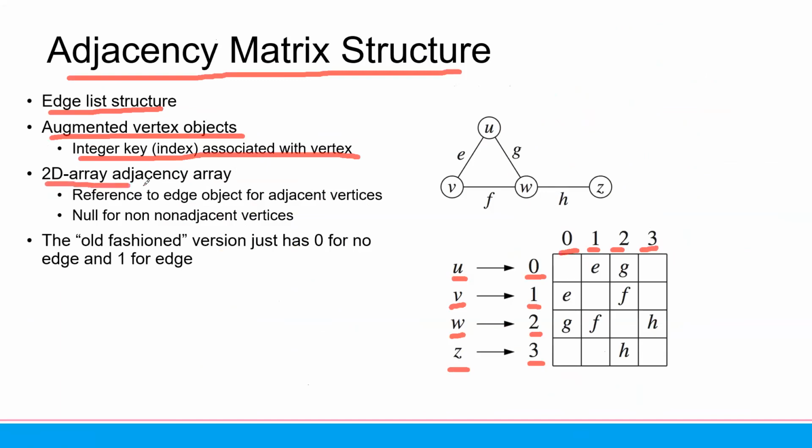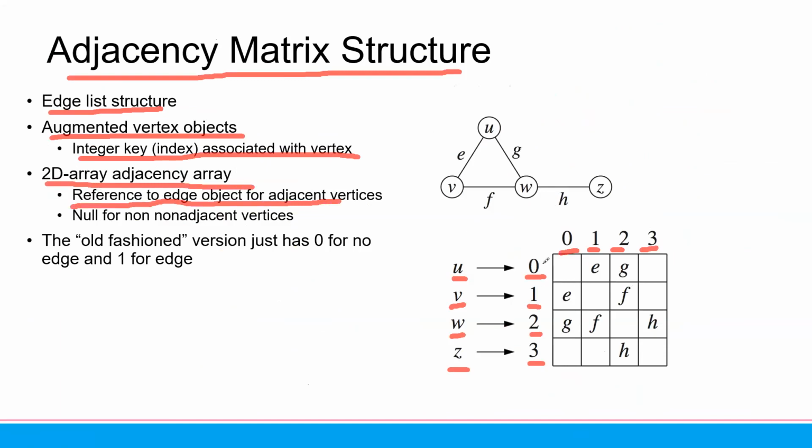And we have a two-dimensional array, the adjacency array. If you have learned computer programming, in the case of a matrix we have a two-dimensional list or array, and we can do this with a graph. It is a reference to an object for the adjacent vertices.